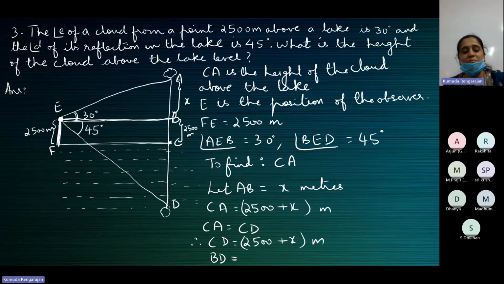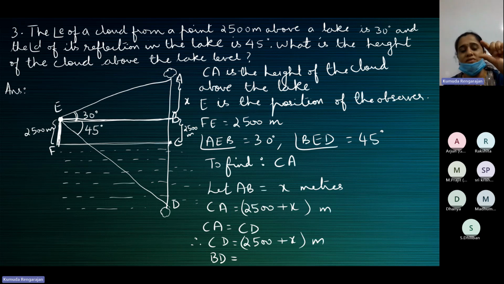See, look at that line segment BD. Isn't it BC plus CD? Now we have a doubt with X. X is only AB. AB alone is X. ABC, we have put the bracket there, no? AB alone is X. BC alone is 2500. Opposite sides are equal.